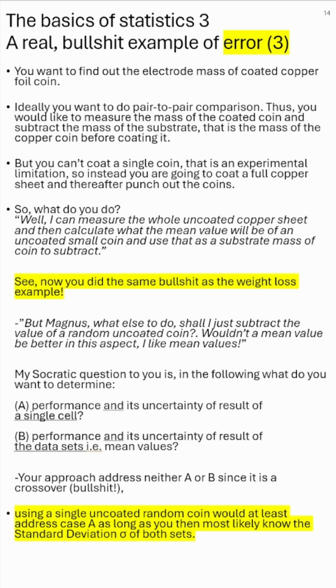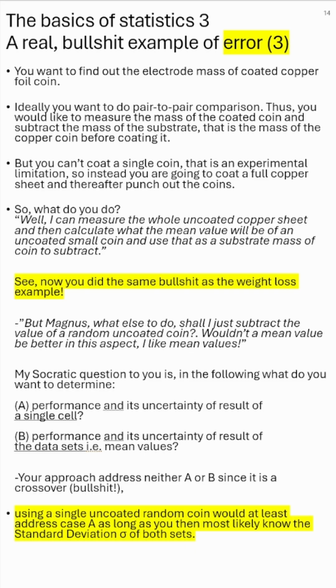So here comes the bullshit thing again, right? You take the uncoated copper foil, you weigh that, calculate the mean value of empty coins from that. And then you punch out the coated coins, and then you measure those coated coins individually.